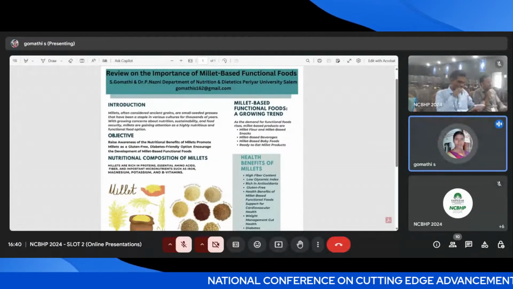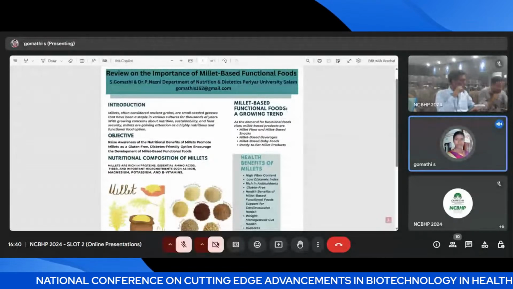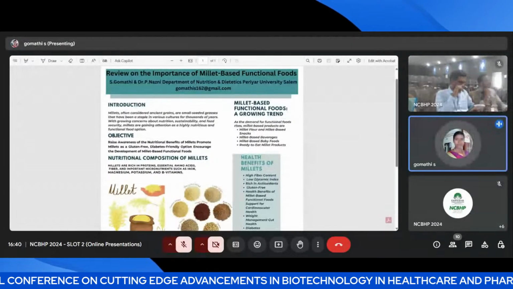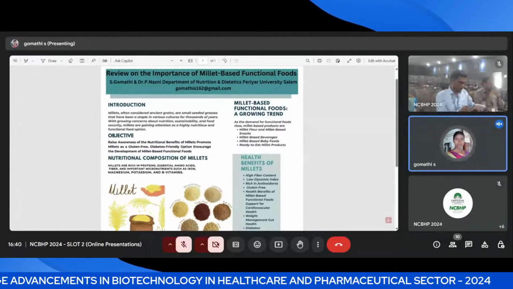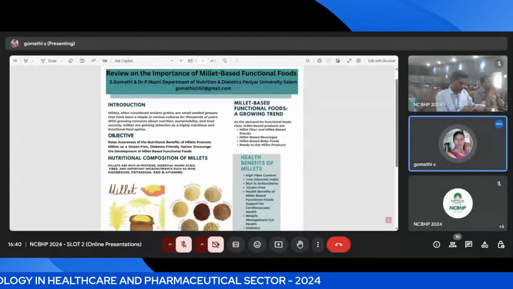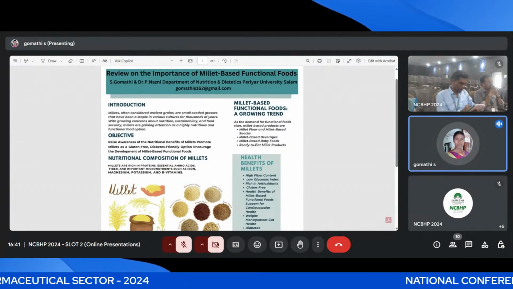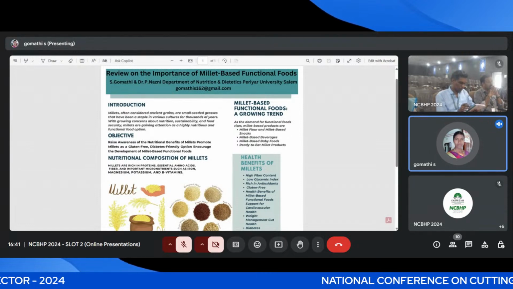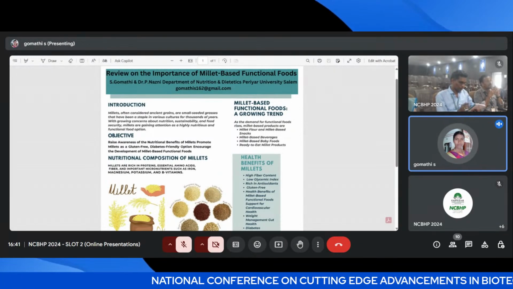Millet-based functional food is a growing trend. As the demand for functional food rises, millet-based products are gaining popularity in health-conscious markets. Millet flour is used in baking or as an alternative to refined grains, and is increasingly being used to make bread, cake, and other snacks.